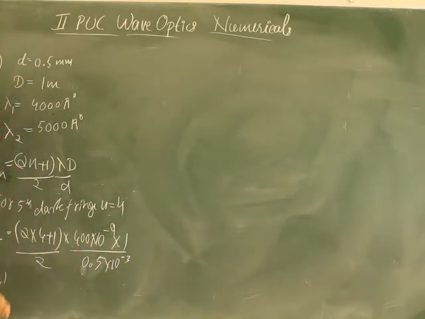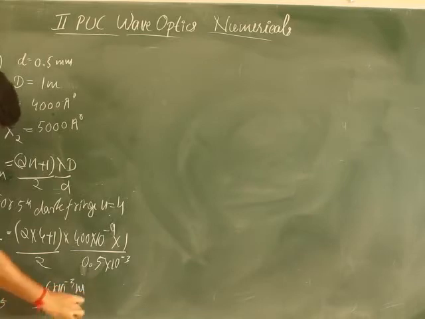Fifth dark fringe for the first wavelength, x5 dash I have taken, is equal to, the answer is 3.6 millimeter. Okay, 3.6 millimeter.